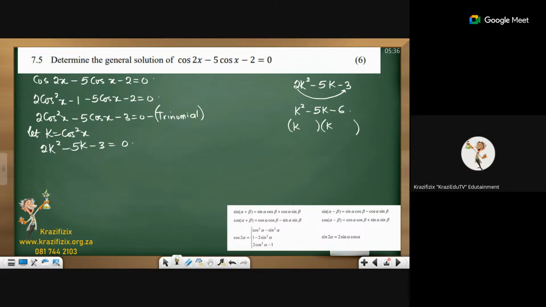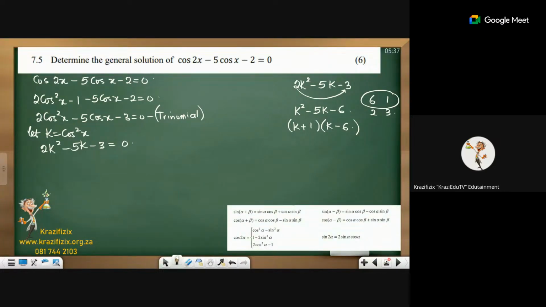We have 6, and I want 5 as the sum. It's either 6 and 1 or 2 and 3. But I want a negative 6, so that will be 6 and 1: 1 minus 6. Yeah, that's it. I am not done.